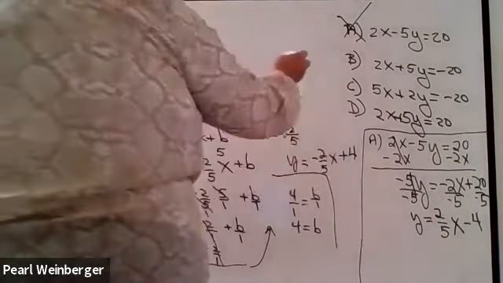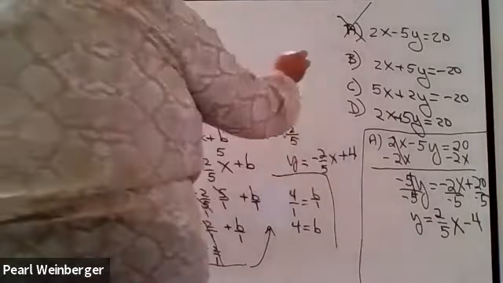So we're getting 5 over 1 times y over 1, I'm distributing, equals 5 over 1 times negative 2 over 5 x plus 5 over 1 times 4 over 1.